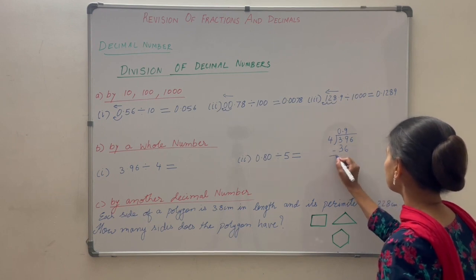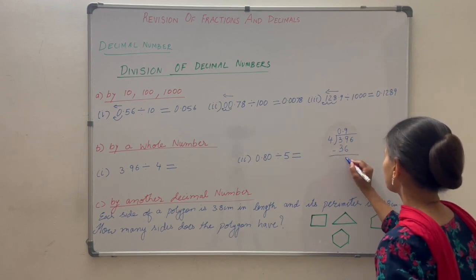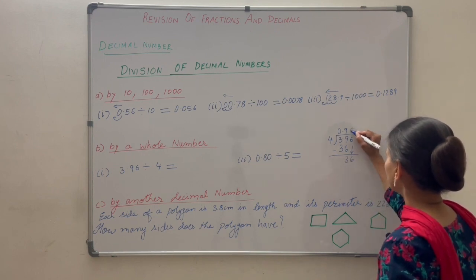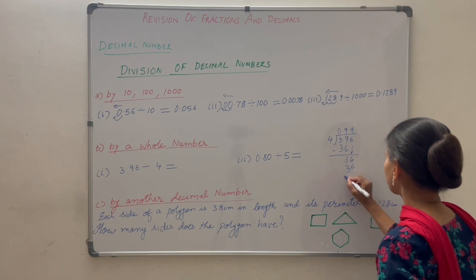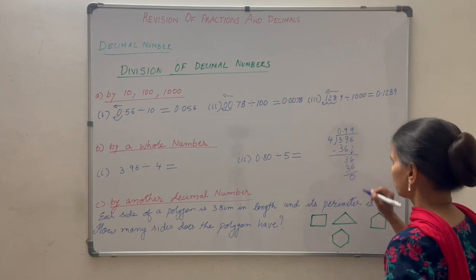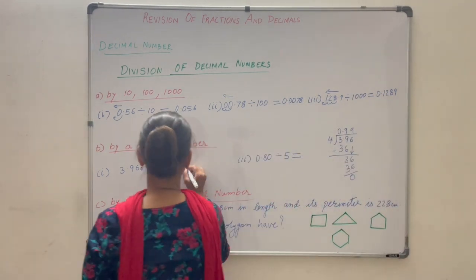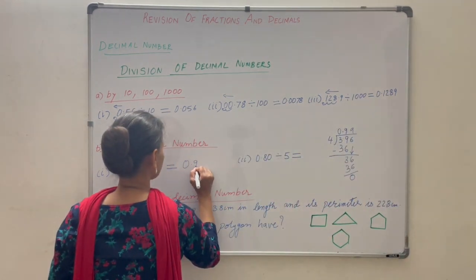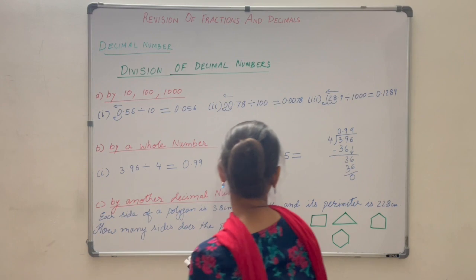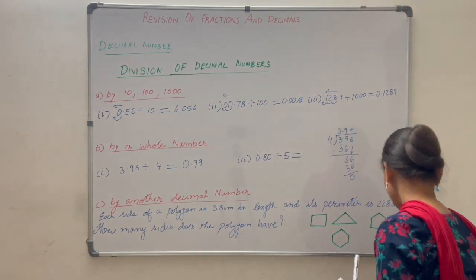Now you subtract it from 39, 36. You get 3. You bring down 6. So again 4 nines are 36. Remainder is 0. So what is the answer? 0.99. So you write it here as 0.99 is the answer.